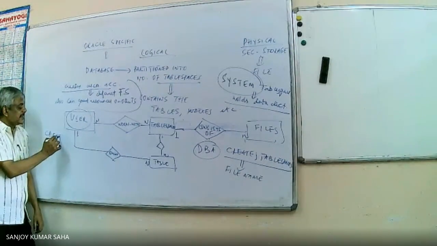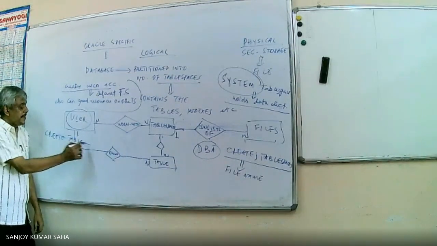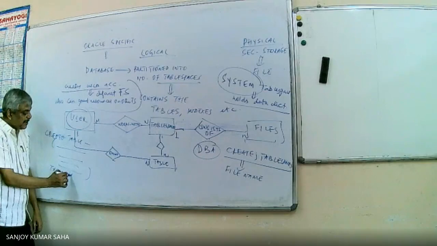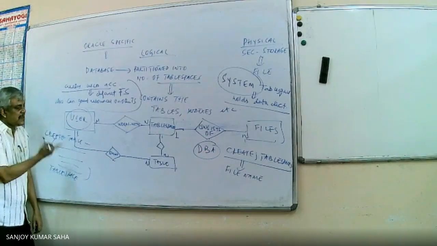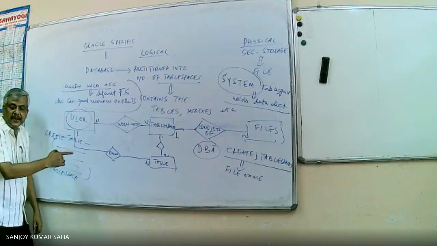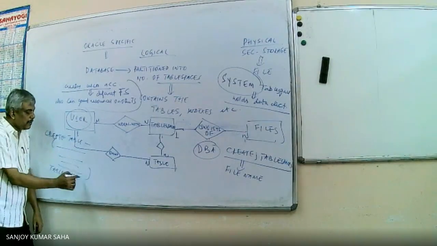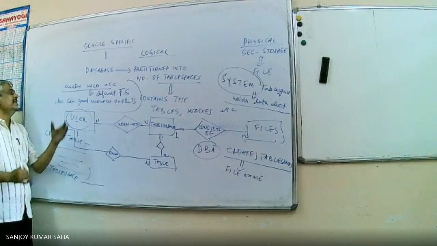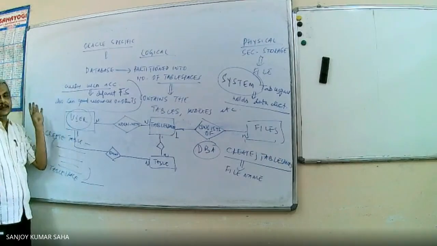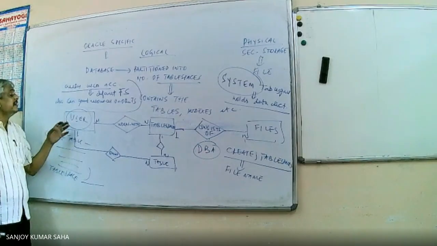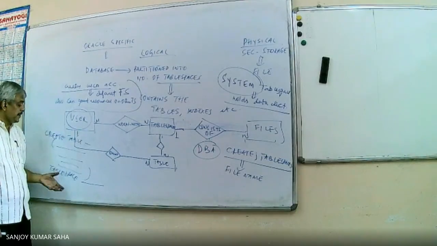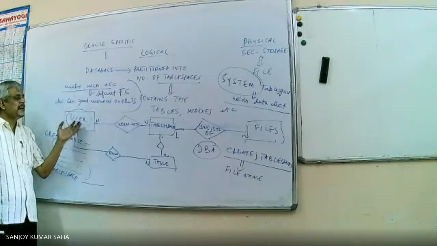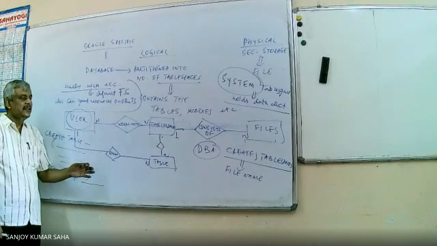Otherwise, when I am creating the table, create table name, those columns and all those things, then using the tablespace clause, if I know that I have access to multiple tablespaces, I can put this table into a different tablespace which is not the default one for me. So you give the tablespace name. Right? So that way, the DBA can allow a particular user to have access to multiple tablespaces, and the user when creating the table can specify in which tablespace it has to be created. Otherwise, the default tablespace specified for the user will be used for creating the tables.